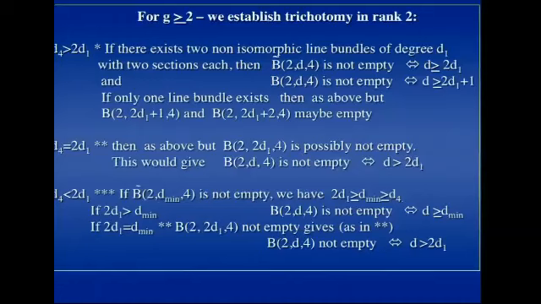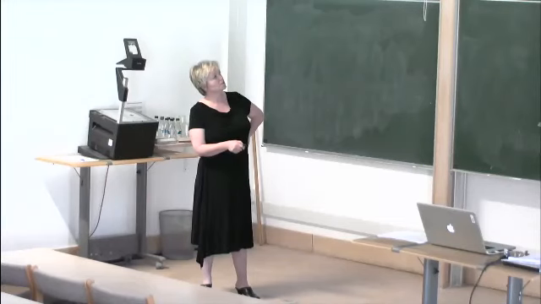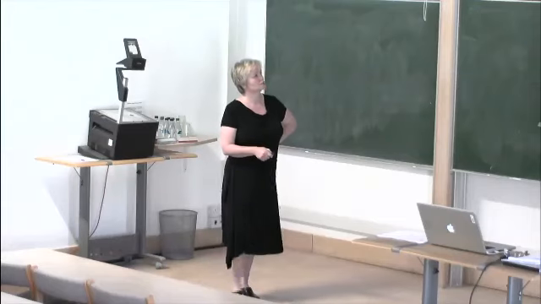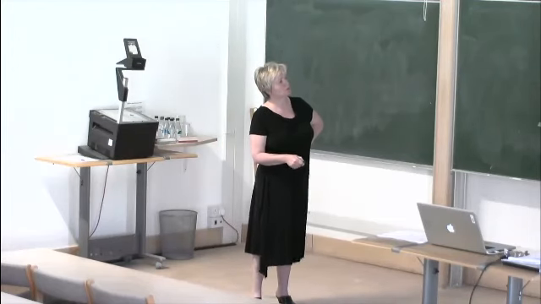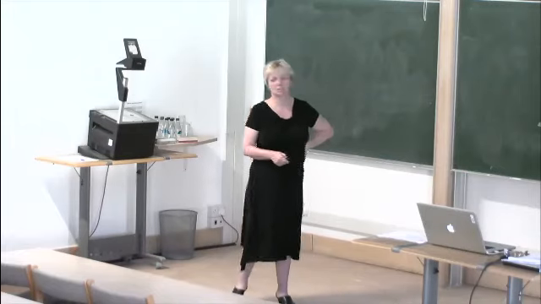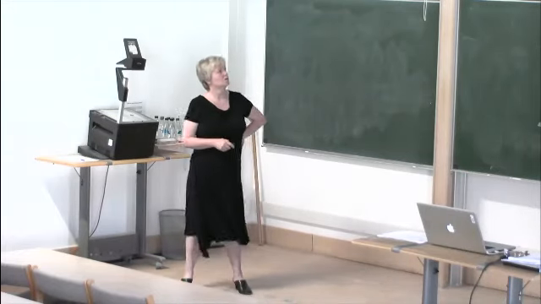And in these two cases, if 2D1 is bigger than the minimum, then we get a very nice solution: stable bundles exist for D bigger than the minimum. If they are equal, this gets us back to the previous case. And depending on emptiness of this locus, we get non-emptiness for degrees bigger than 2D1. So if this one is non-empty, we get this one non-empty. So actually we don't produce this for sure.